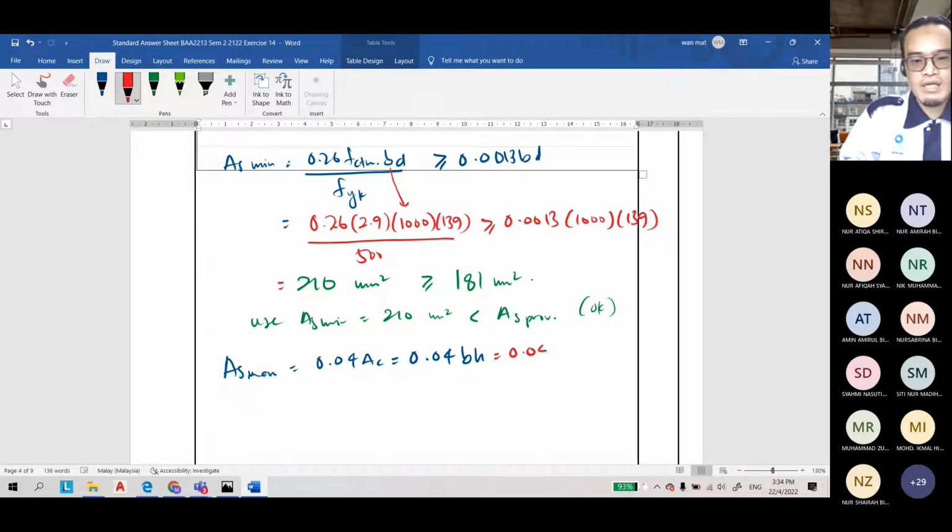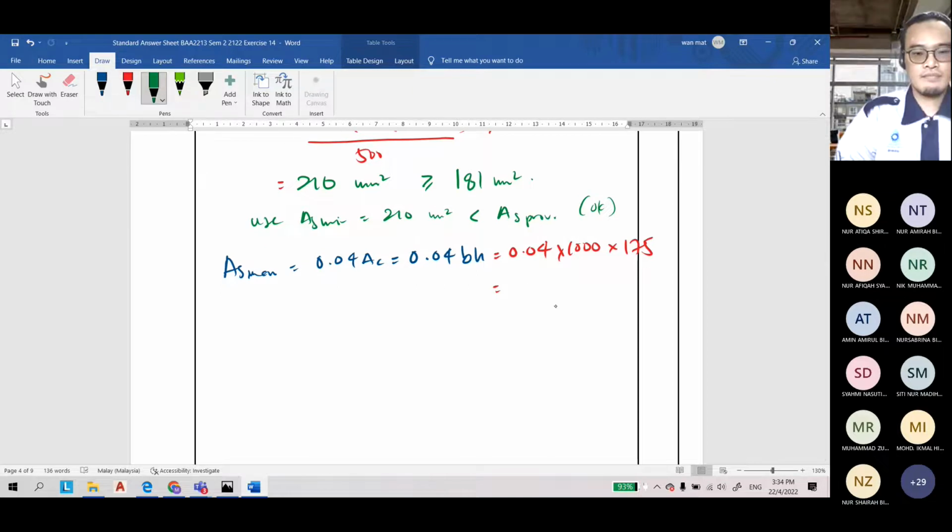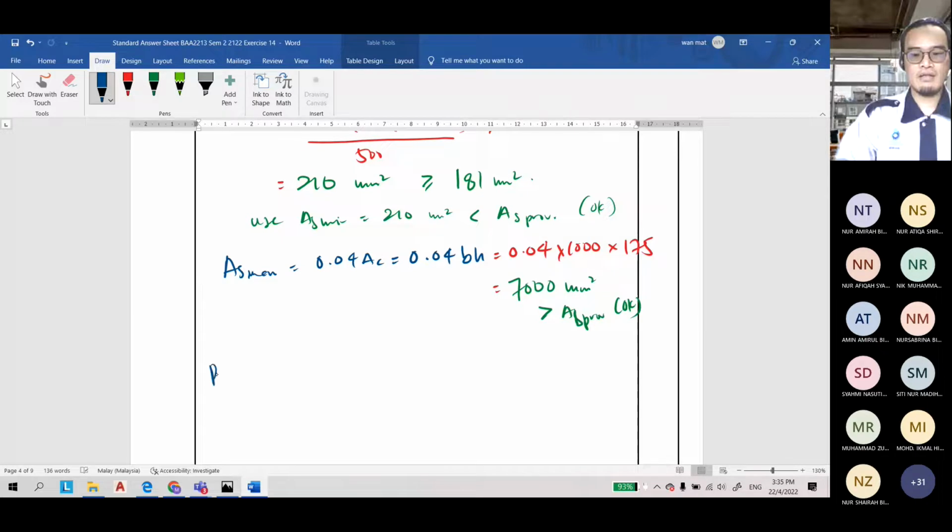So 0.04 times 1000 times 175, it's equal to 7,000 millimeter square, which is greater than As provided. So it's okay.